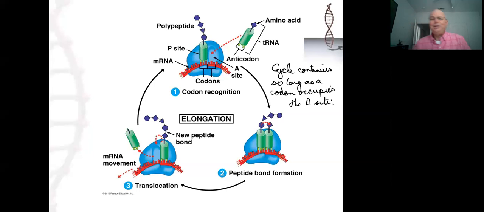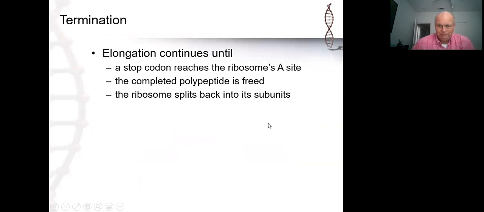But of course, the question then becomes, we know somewhere along the way, we're going to encounter a stop codon. What happens when a stop codon moves into the A site, which it will inevitably do? Well, that triggers the third part called termination.